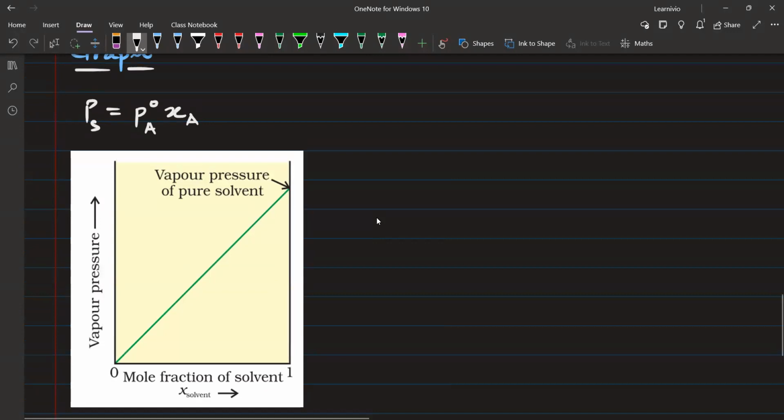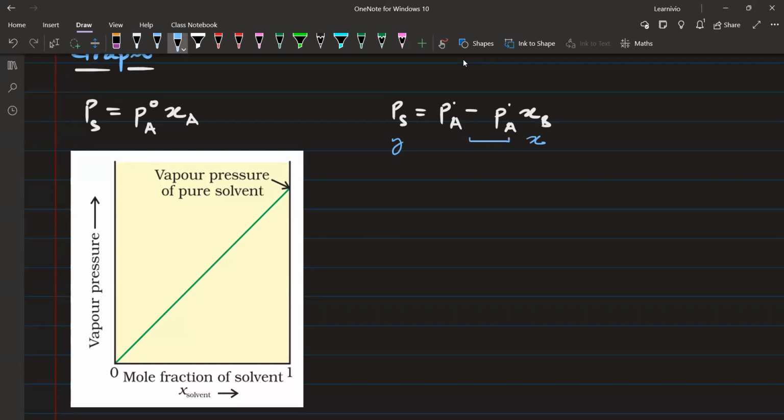Another graph could be made from this equation. The pressure of solution will be equal to P naught A minus P naught A into chi B. Okay, so this can also be a graph. And here we will have this as the y-axis, and the mole fraction of the solute as the x-axis. Whatever is with the solute, that is minus P naught A, this will be your m, that is the slope.